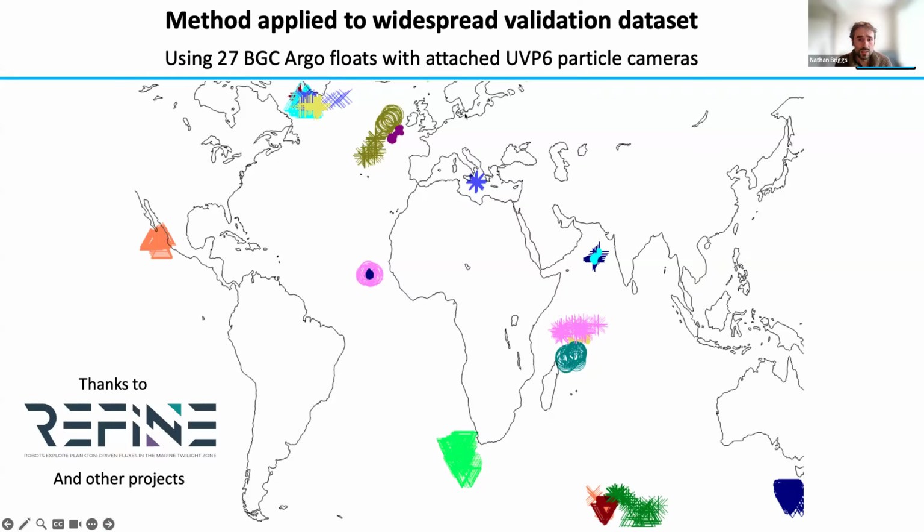So this is a map of 27 BGC Argo floats that have been deployed with particle cameras that can much more accurately measure particle size. Most of these were deployed by the Refine project, although there were a few other contributions, and they're all part of the BGC Argo data system at the moment.